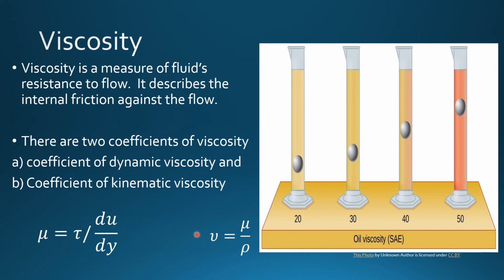This kinematic viscosity is the ratio of dynamic viscosity and mass density of the fluid, so it is basically the dynamic viscosity divided by rho. They are properties of a particular fluid. So water has a certain value of dynamic viscosity, and obviously it depends on different factors, but for a given set of conditions, their values are constant.